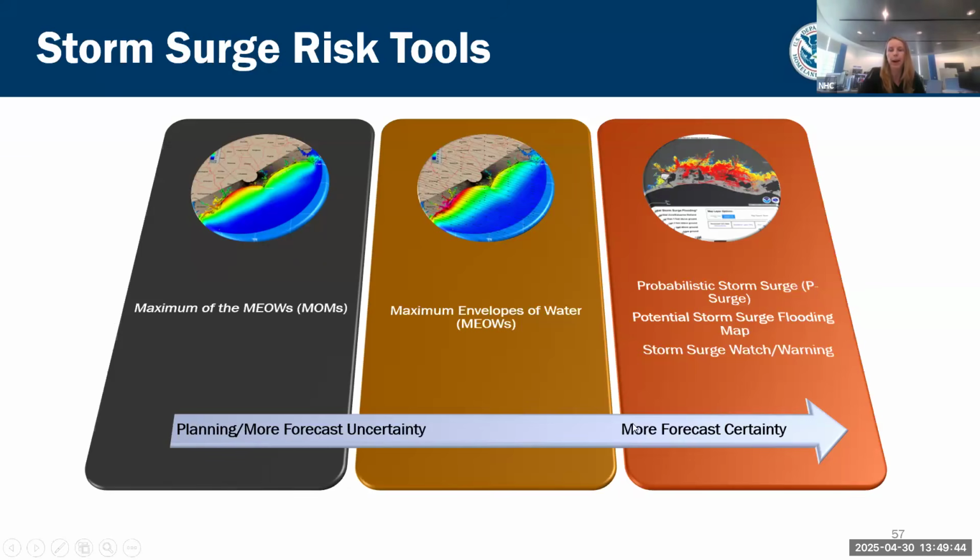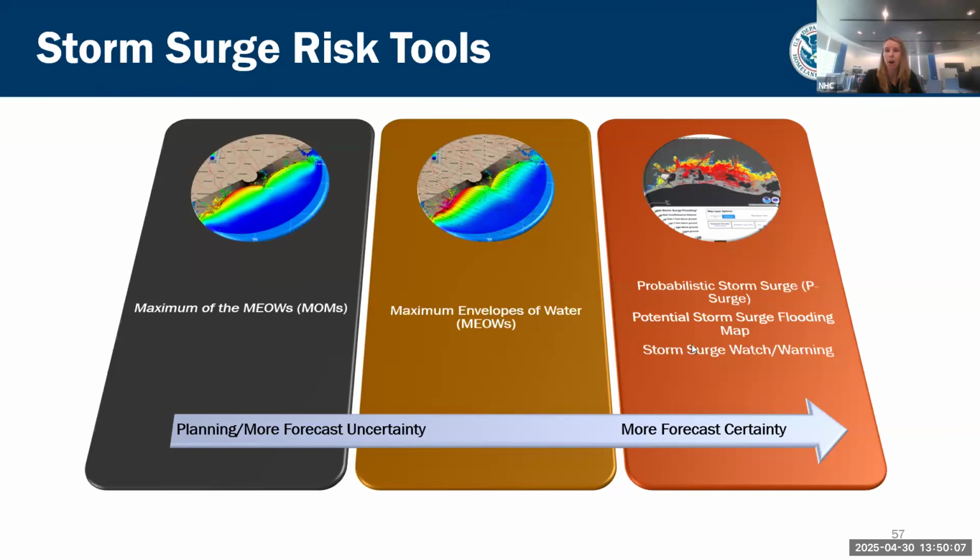As we move to the right, we're getting into the more forecast certainty phase. Sometimes MEOWs can be helpful when we're starting to peel back the layers. But once we get into the real-time products, within 72 to 48 hours prior to impacts, then we're going to start to have our real-time products.